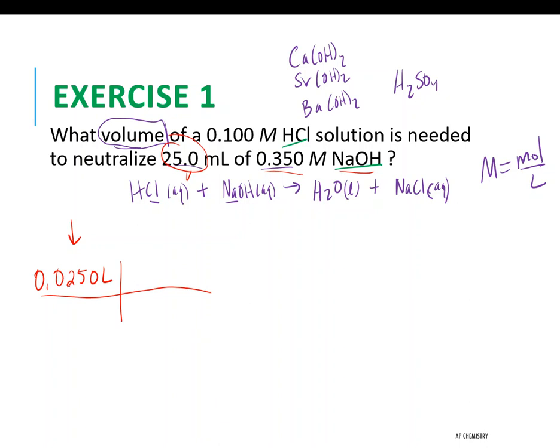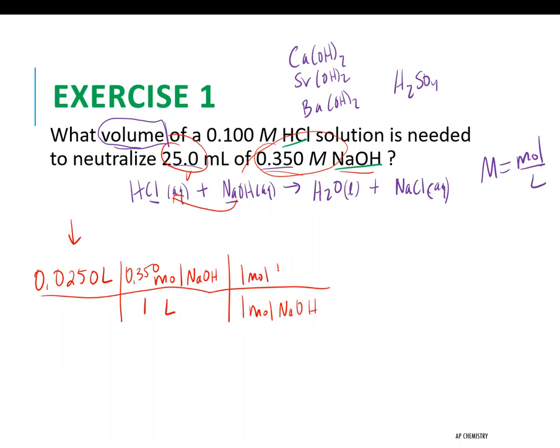Now that I've started my track, I can diagonal down my liters. So 1 liter equals a certain amount of moles, and that would be this concentration here, using the molarity as the conversion factor. So 0.350 moles per 1 liter of the sodium hydroxide. Now, because I'm going from here to here, I have to switch compounds. So 1 mole of my sodium hydroxide is going to equate to 1 mole of my hydrochloric acid.